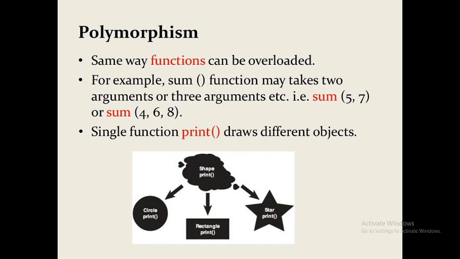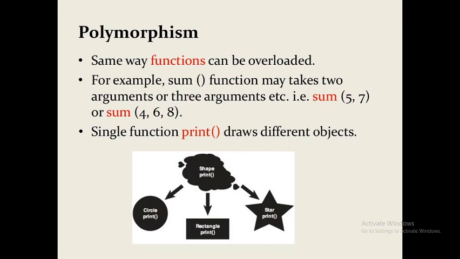For example, if I am writing a sum function, and that sum function is performing the operation on two numbers, on three numbers, on floating point numbers, on five numbers, then we can say that the sum function is overloaded, because performing the operation on two digits is a different thing, on three digits is a different thing, and on floating point numbers is a different thing. Whenever the same function is performing multiple operations, that is called function overloading.